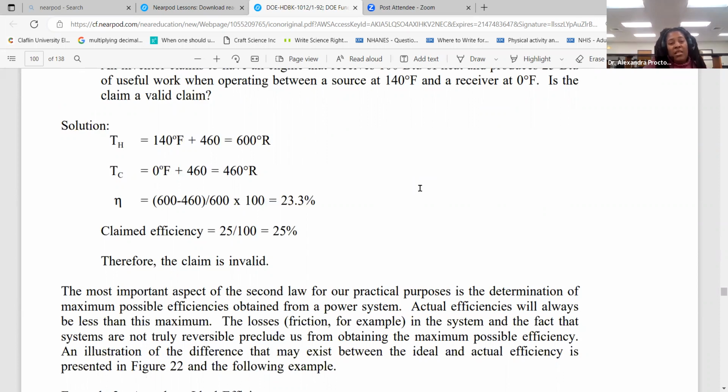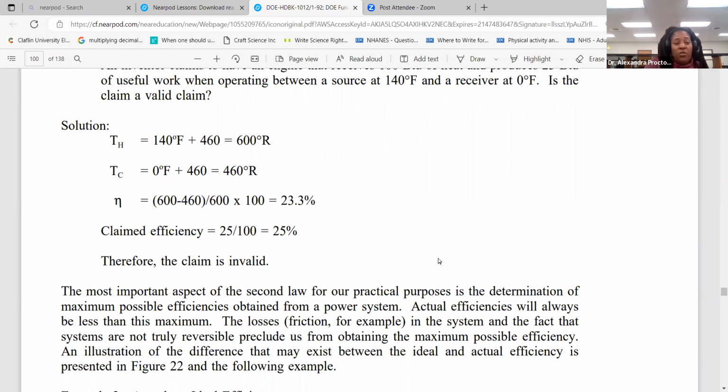And this efficiency is a percentage. That's why they multiply by 100 after they do the dividing. And they come up with a calculated efficiency of 23.3%. And the person who was selling this particular energy claimed that they had 25%. Therefore, their claim is invalid based on your calculation.